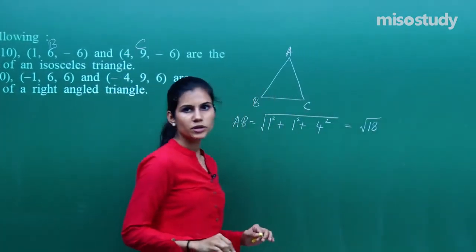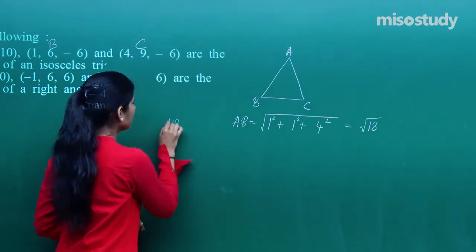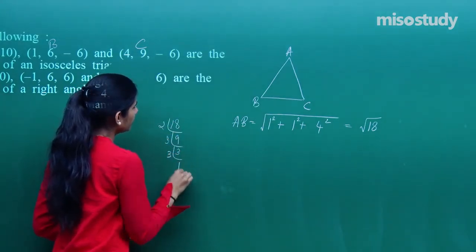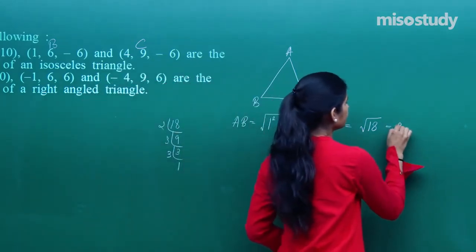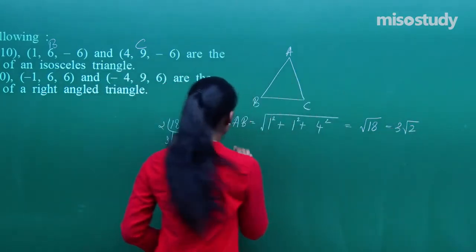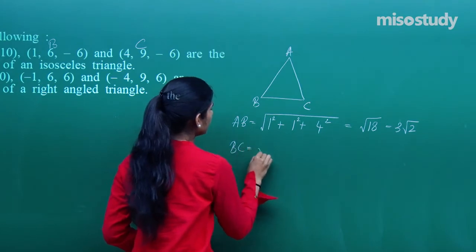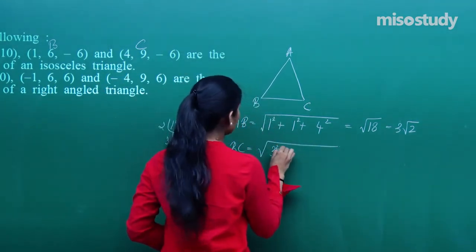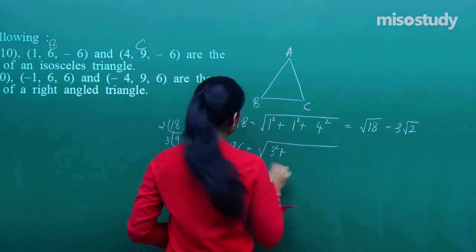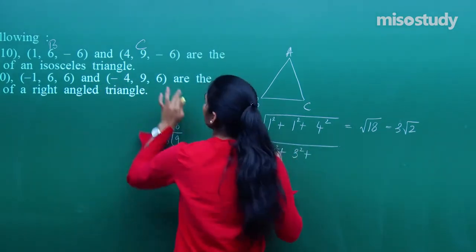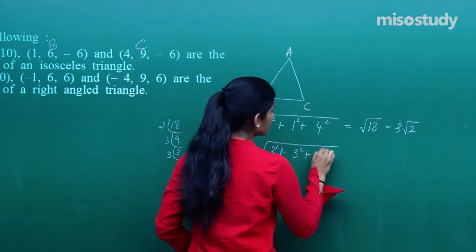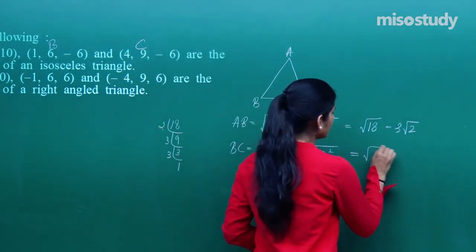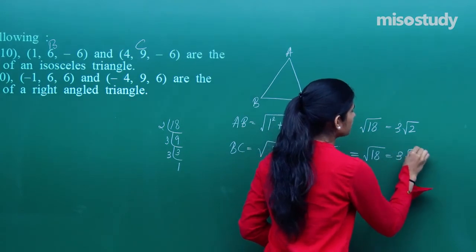If you talk about this, what is this? 2, 9, 3, 3, 3, 1, so you get 3 root 2. If I talk about BC, it is 4 minus 1 whole square plus 9 minus 6 whole square plus minus 6 plus 6 whole square. 9 plus 9, 18, root 18, which is again 3 root 2.